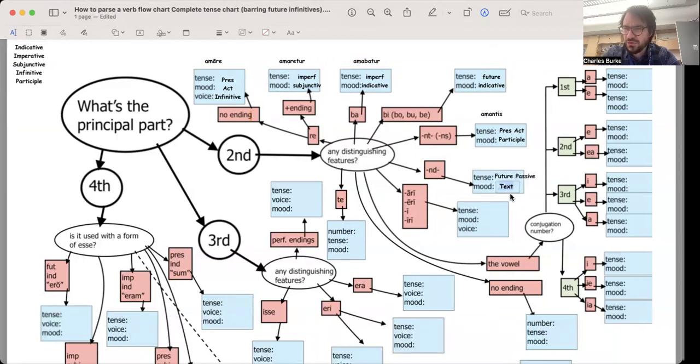I think you'll just be referring to it as gerundive of obligation, but it's a participle technically. So things like you can picture amandus, that would be the masculine nominative singular. And that would mean about to be loved. Or if I say amandus est, it would mean something like he must be loved, because that would be your gerundive of obligation.